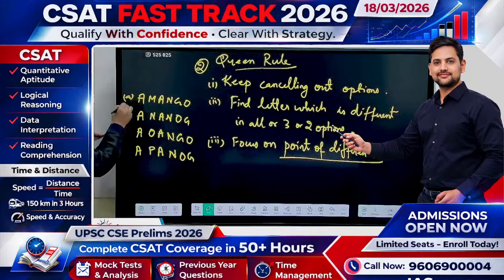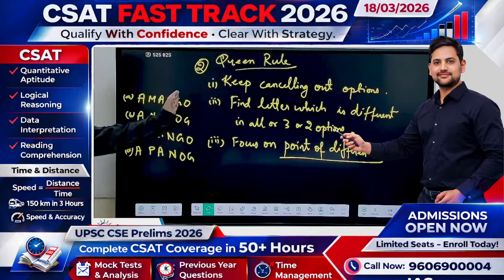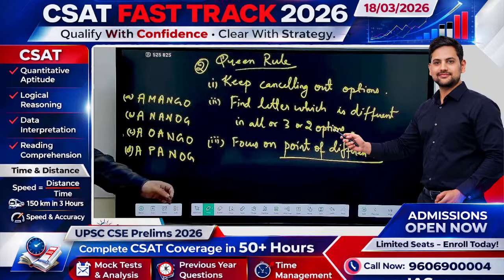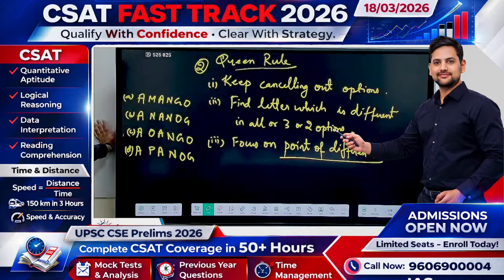Let's say these are your four options of any question. What you need to do is focus on the point of difference, instead of starting from the start and finding out the whole code of what is asked. You won't do this. Instead, you will focus on the point of difference.